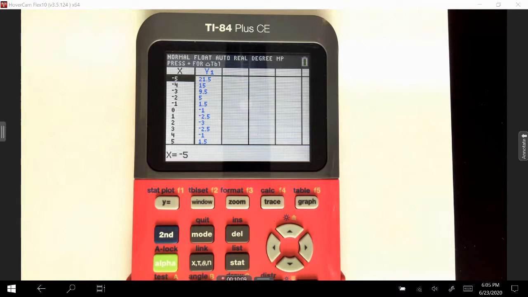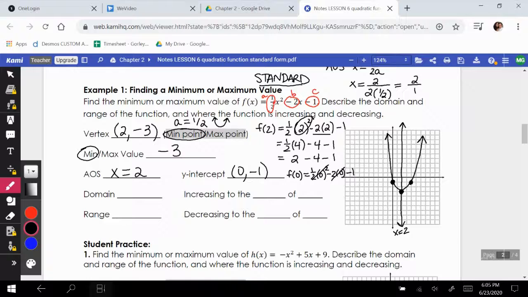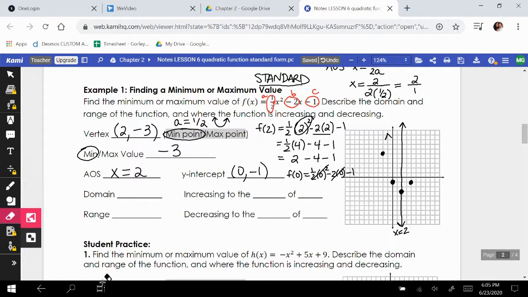Okay, so let me go back. The ones we wanted to check were (-2, 5), (0, -1), (2, -3) and (4, -1). So that point is right there. So we made our graph a little bit too narrow. So I'm going to revise that just a hair.